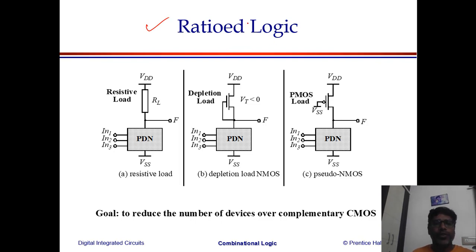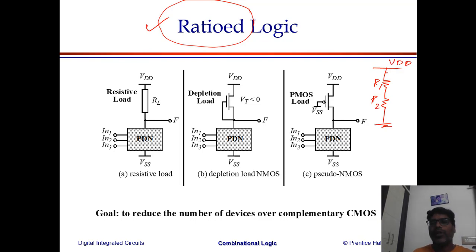The name ratioed has come into picture for the reason the output is not merely going to be connected to VDD or to the ground, or the output is something like you are tapping the output or scaling down the output. Say for example, I have resistances R1 and R2, and this is my VDD.